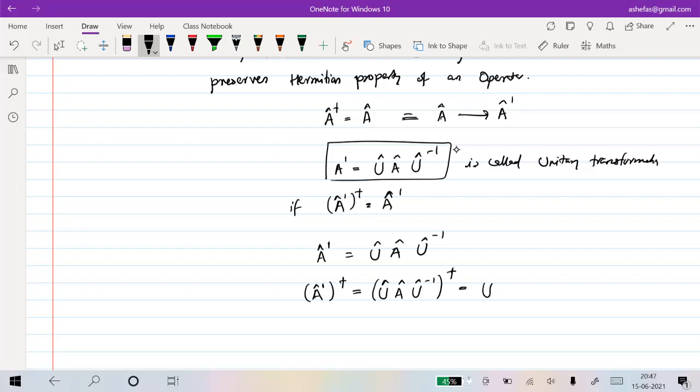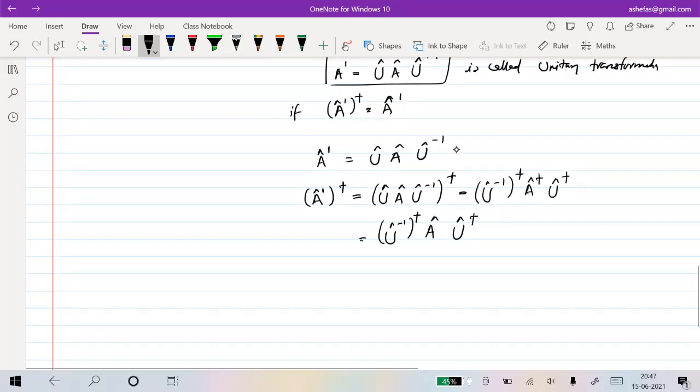This would be equal to, according to the property of dagger, U inverse dagger A dagger U dagger. Now A is Hermitian. Since A is Hermitian, I can write A dagger as A. So this would be equal to U inverse dagger A times U dagger. Now this must be equal to A prime.